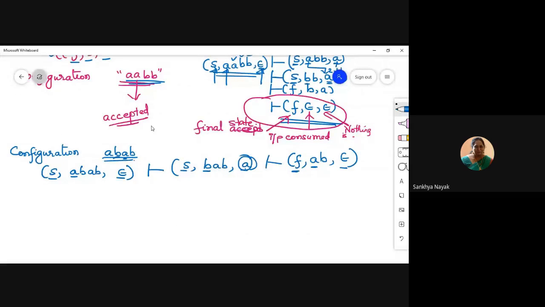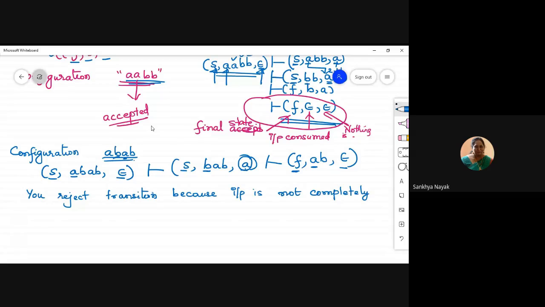Okay, so the reason you reject is because the input is not completely consumed, or you can also say that there is no transition for F, comma, A, comma, epsilon.